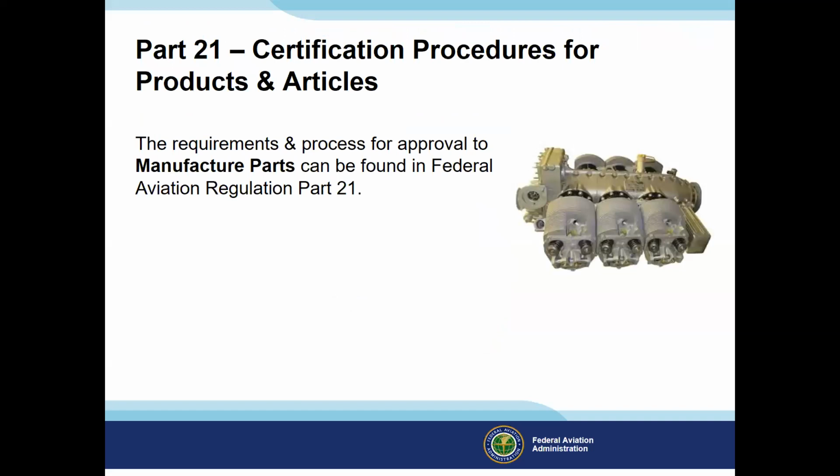Certification process for products and articles. We can't emphasize enough, FAA Part 21 has a volume of information on how these parts are approved and how you can determine whether they're eligible for use in your particular environment. I would highly recommend, if you have not, to look at it.